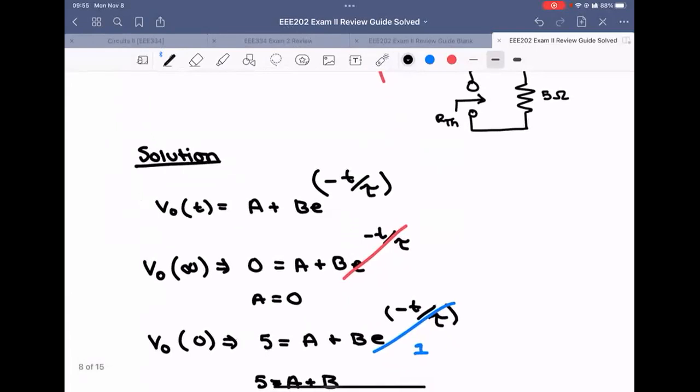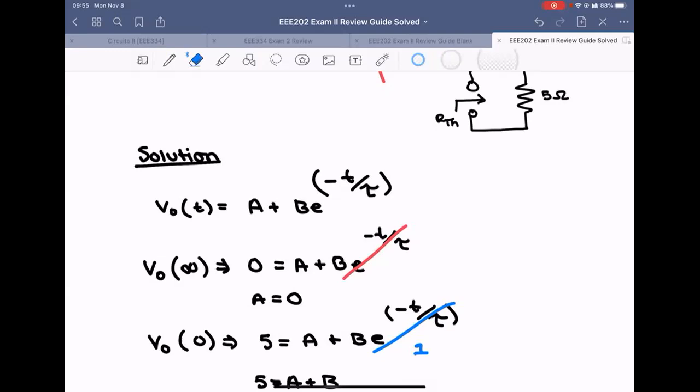After that, then we can solve at time 0. At time 0, we know that it's 5 volts. We know A equals 0. So we have B e to the negative 0 over tau, which is going to be e to the 0. And anything to the power of 0 is 1.